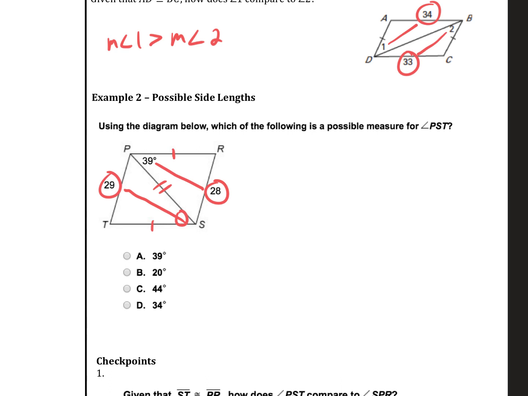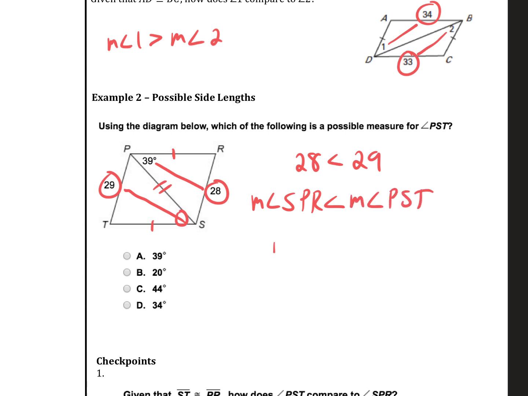So we have 39, 20, 44, and 34. Which of these angles is larger than 39? It's going to be angle C, which is 44 degrees. So 28 is less than 29, which means measure of angle SPR is less than measure of angle PST.